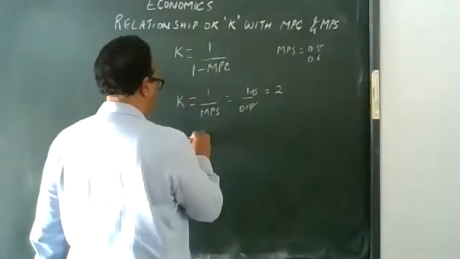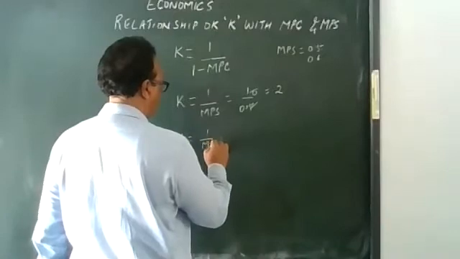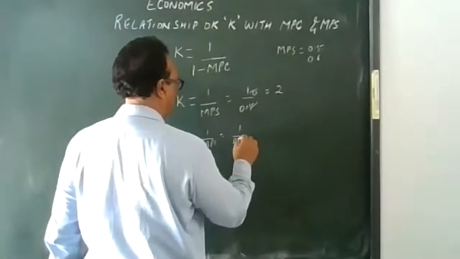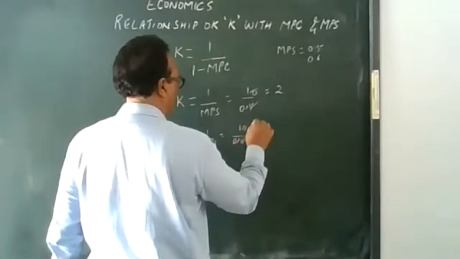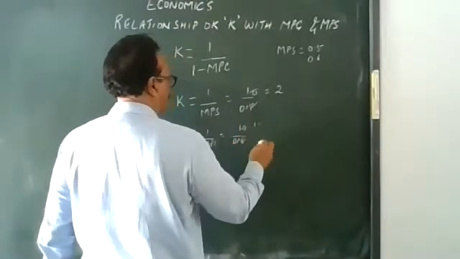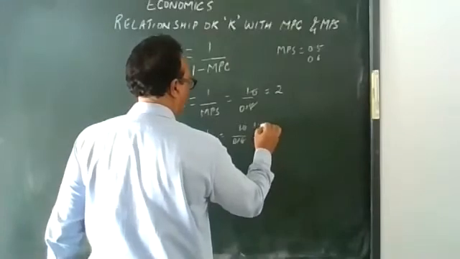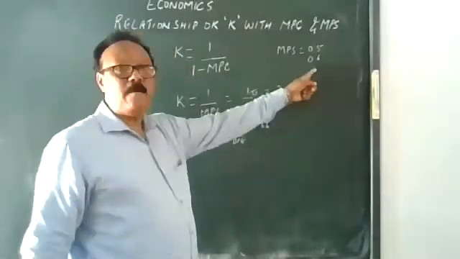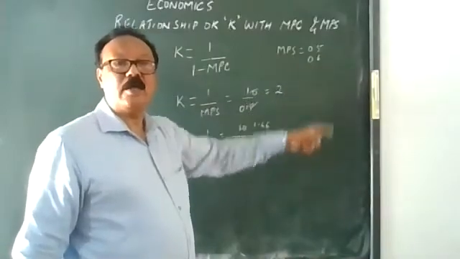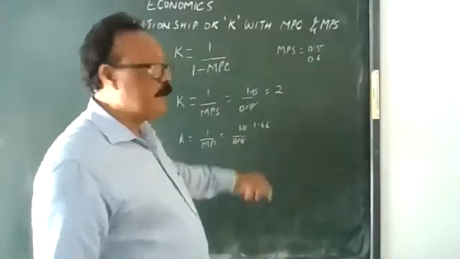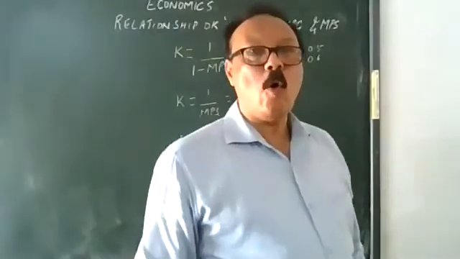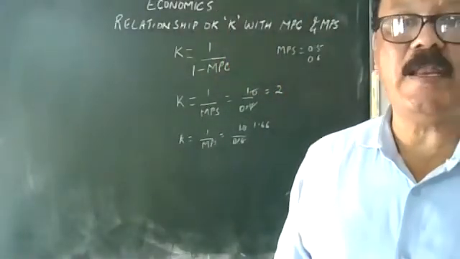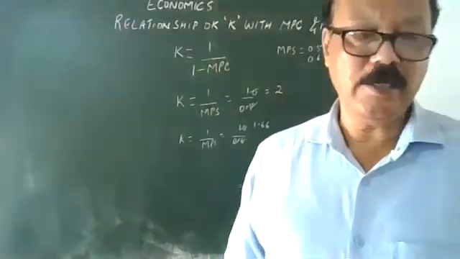In that case, K is equal to 1 upon 0.6, which is 1.6. The higher the MPS, the lower will be the value of the multiplier, because there is an inverse relationship.